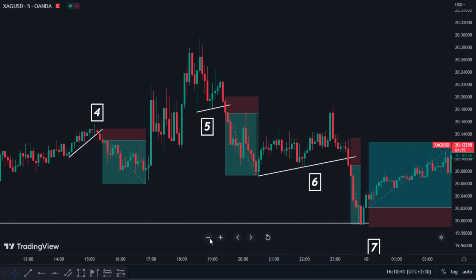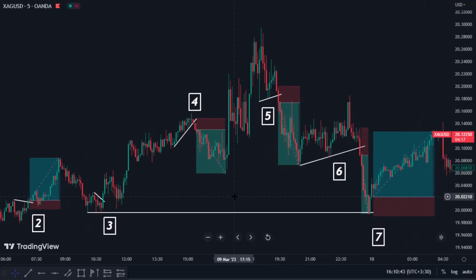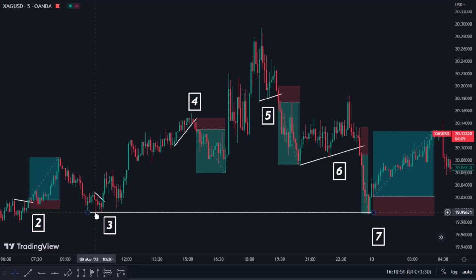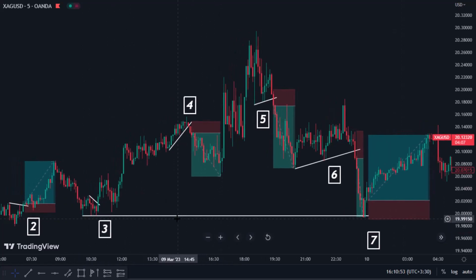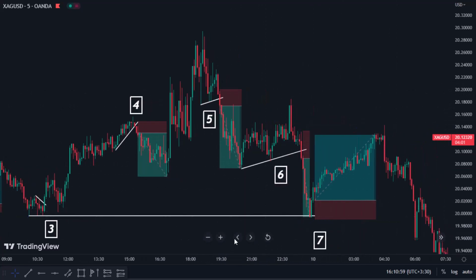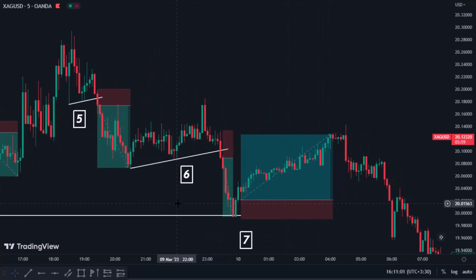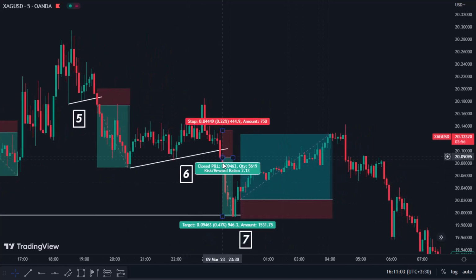And also you can see we have this support area where the price came to this level and started going up, a very nice support area. We can draw a support line like this and wait for the price to react to this level in the future, which it did, and we could risk on it and go for buy positions. Also it can be our target of this sell position here.